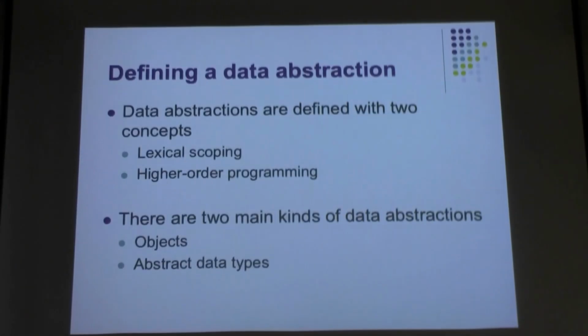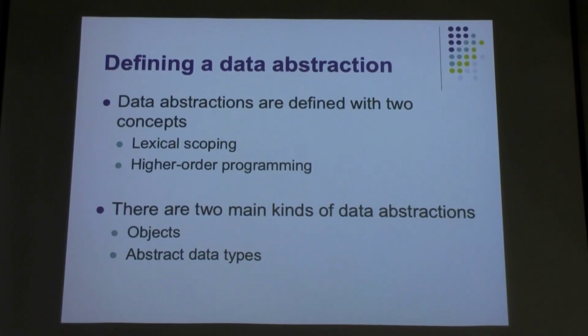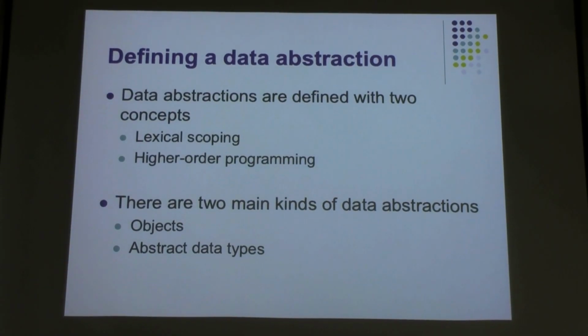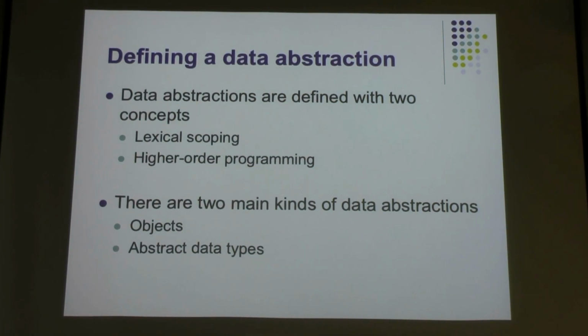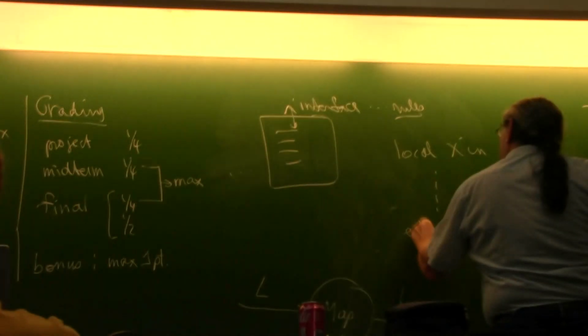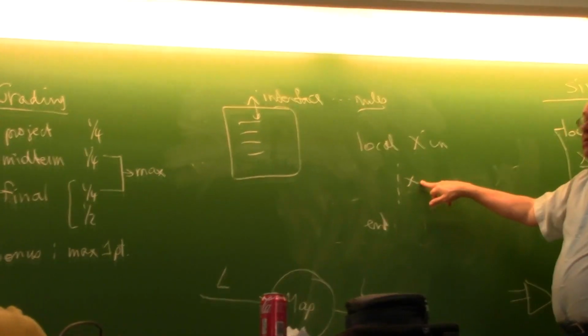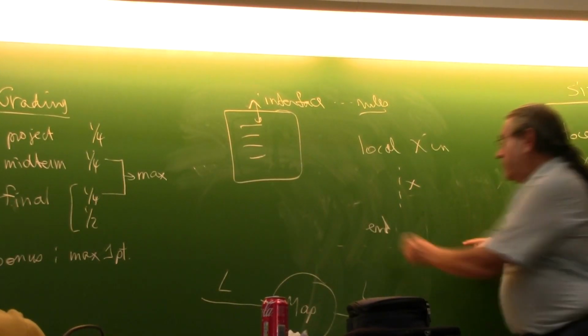The main basis of data abstraction is lexical scoping and higher order programming. Lexical scoping guarantees that data can be hidden inside something. So if I do local X in a piece of program, the X can only be accessed between the local and the end.